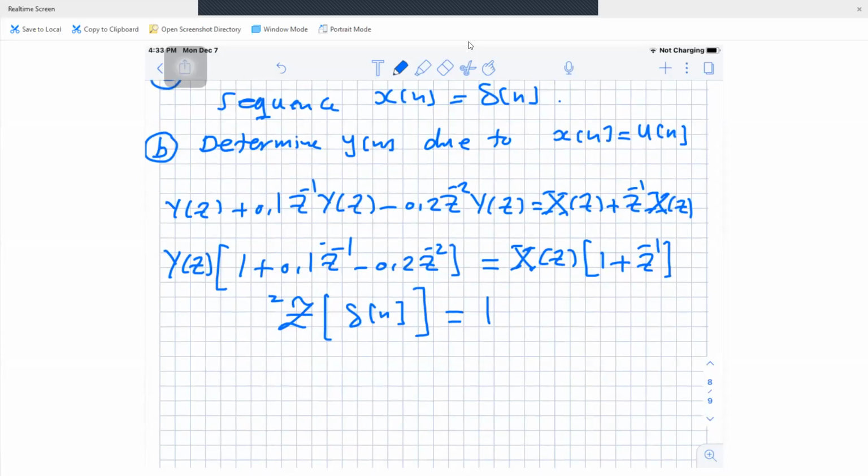Now y of Z multiplied by 1 plus 0.1 Z to minus 1 minus 0.2 Z to minus 2 equals to, instead of x of Z will be 1.